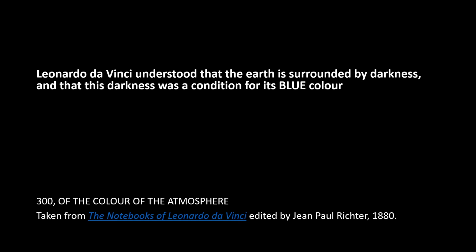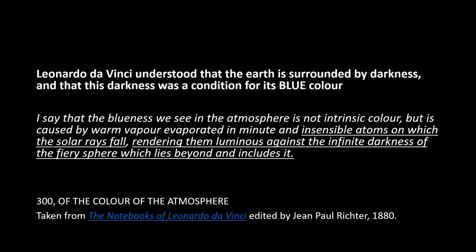I found that Da Vinci knew that, and he was saying that the blueness of the atmosphere is not a color intrinsic to the atmosphere, but is caused by vapor and atoms on which the solar rays are falling. And these rays render the atmosphere luminous against the darkness which is behind it and which includes the atmosphere and the planets.